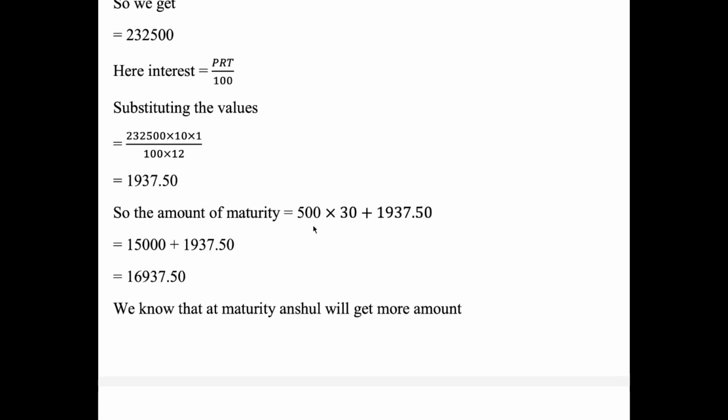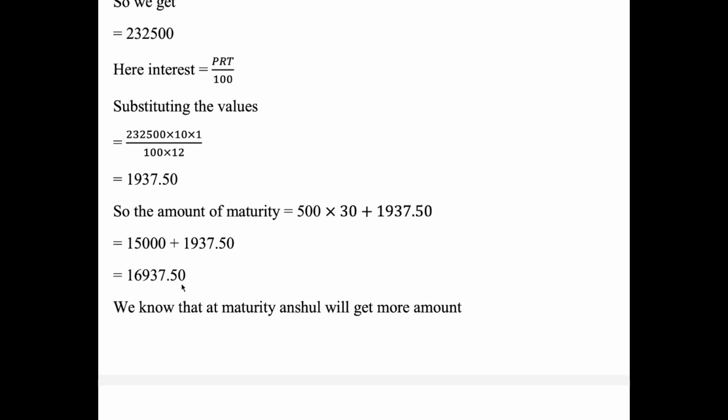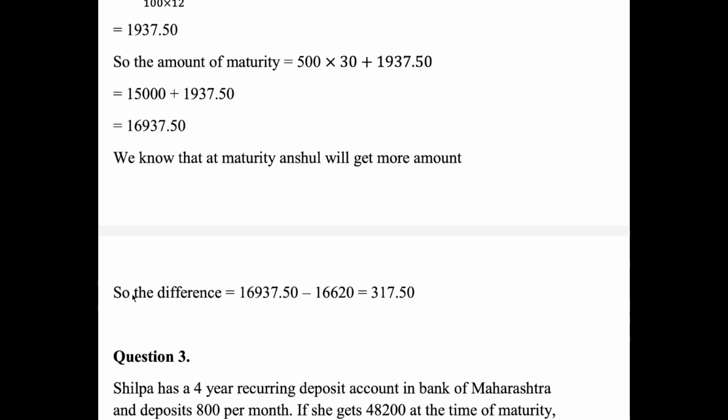So amount of maturity 500 into 30 plus 1937.50, that is 16,937.50. So what is the difference? Difference is this amount minus this amount. So the 317.50.